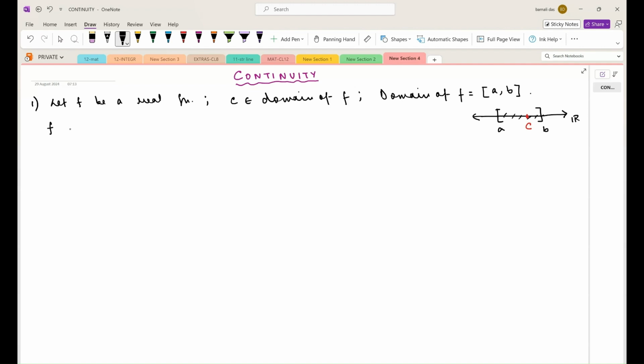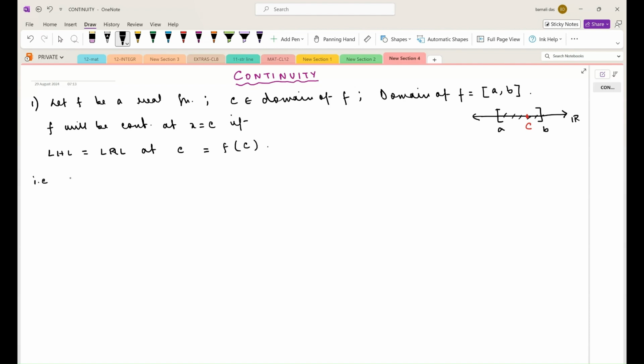So, f will be continuous at the point x equal to C if left hand limit equal to right hand limit at C equal to the value of the function at C.